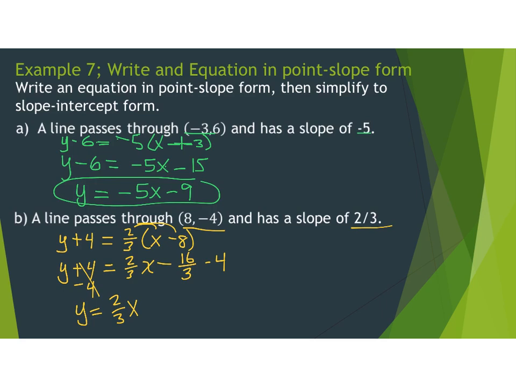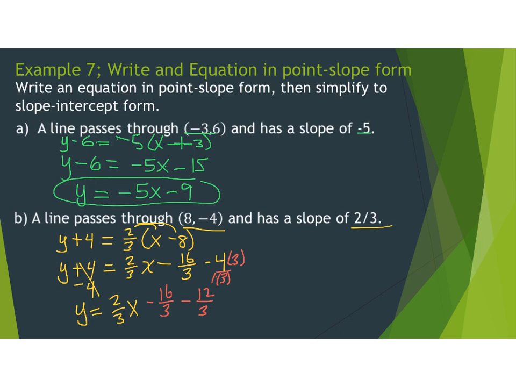Now I have to deal with a fraction minus a number, so I need to get a common denominator. So I'm going to have negative 16 over 3, and I'm going to change this to make it over 3. In order to do that, I need to multiply both the numerator and denominator by 3. Right now it's 4 over 1, so minus 4 times 3 is 12 over 3.